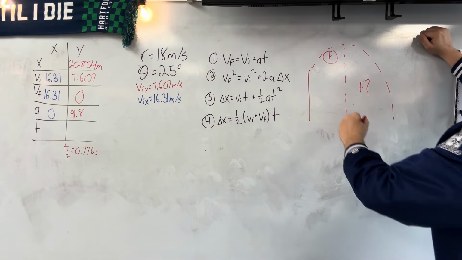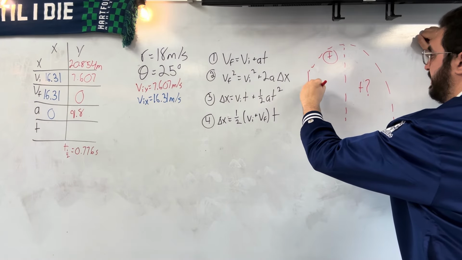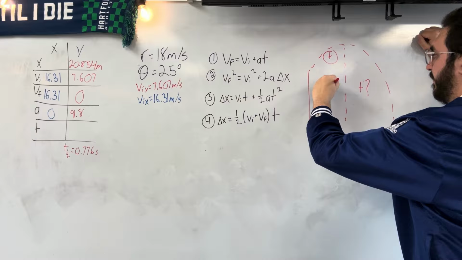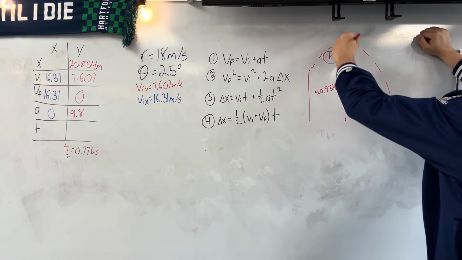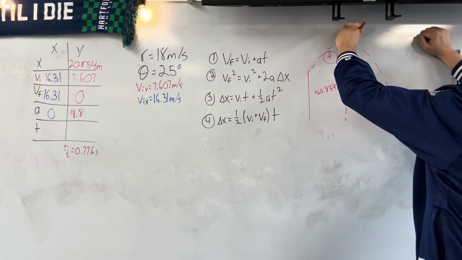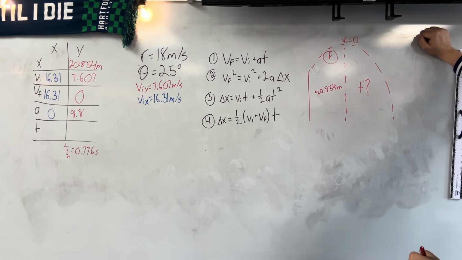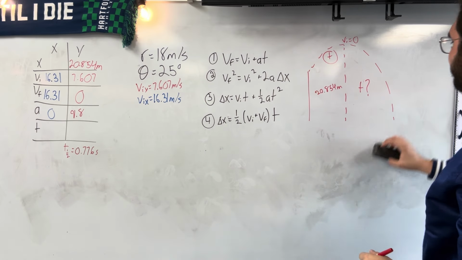Thankfully, we know this total height is 20.854 meters. So using that information, and we also know VI up here is equal to 0. So using all that information, we can actually solve for time here. So let's go ahead and do that.